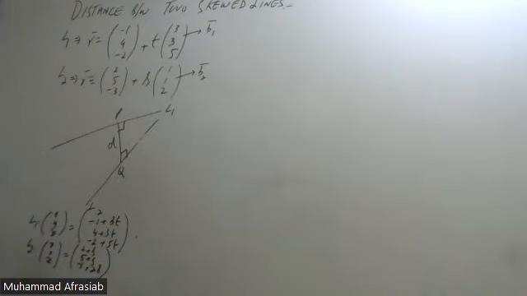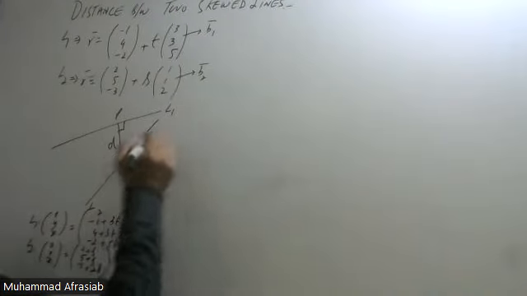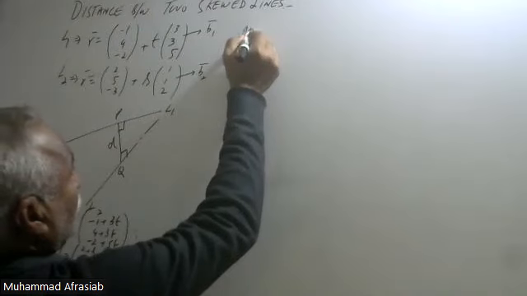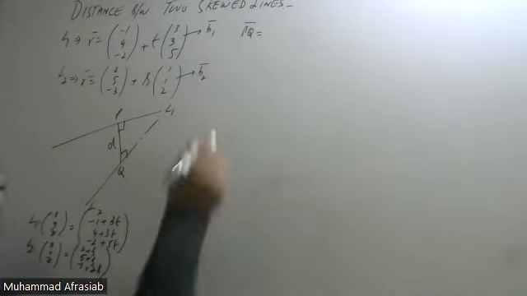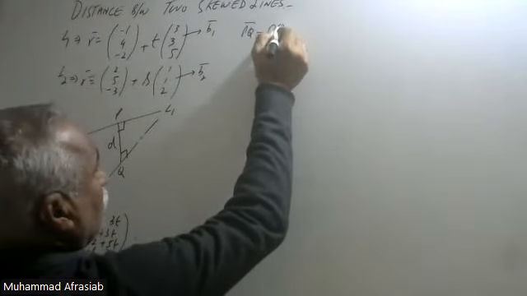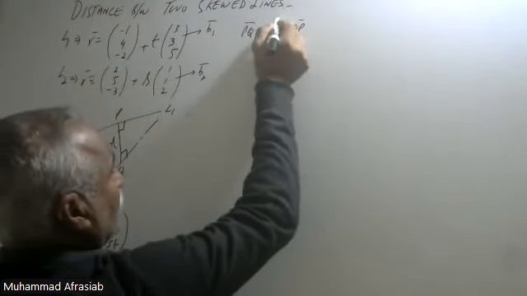To find the distance PQ, first we find the direction vector of PQ, which is equal to OQ minus OP.